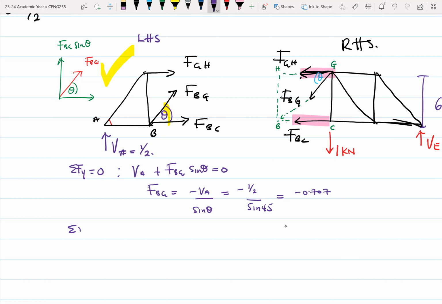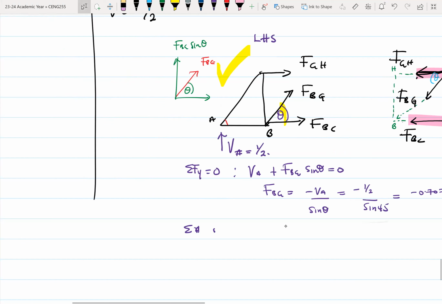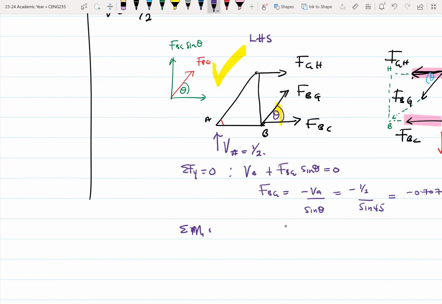Now let's sum moments about B. Summation of moments about B equals 0. Which one is easier? It's up to us here. If I extrapolate this a little bit, here's our G, and our B will be somewhere here.